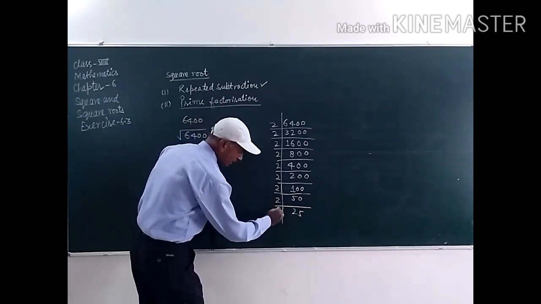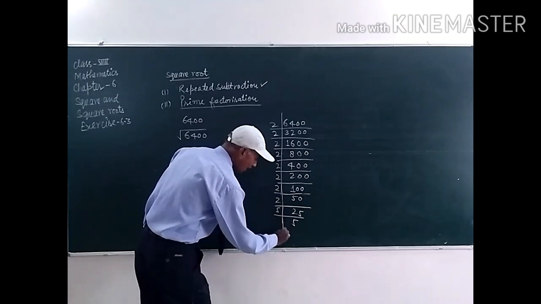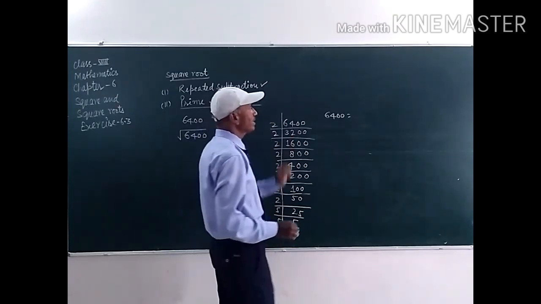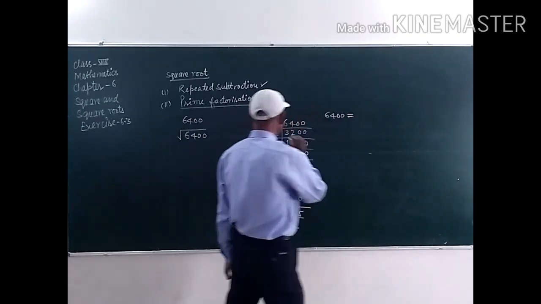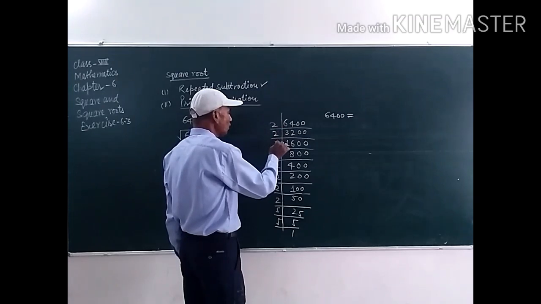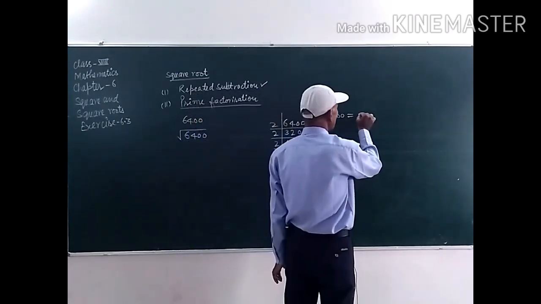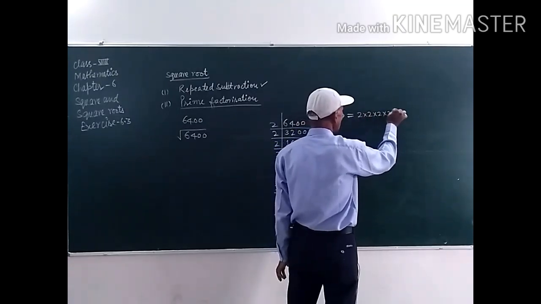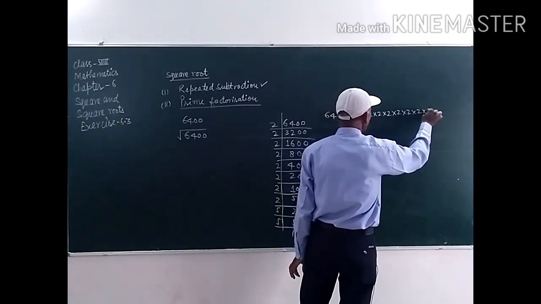So we have to use the next prime number, that is 5. So 5 fives are 25, again by 5 it is 1. So the prime factors of 6400 are 2 taken 8 times, student: 2 into 2 into 2 into 2 into 2 into 2 into 2 into 2.